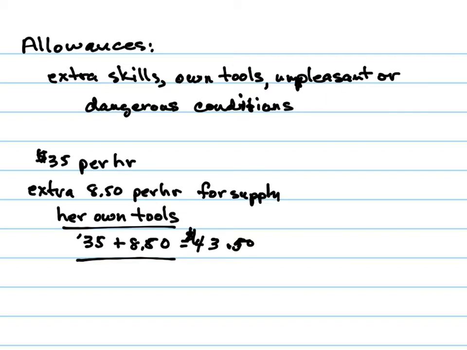Okay, so we're looking for her wages, and it says she worked for 5 days. She worked 3 days in which they supplied her tools. So 3 days at her regular rate. So that's 3 days times 8 hours.